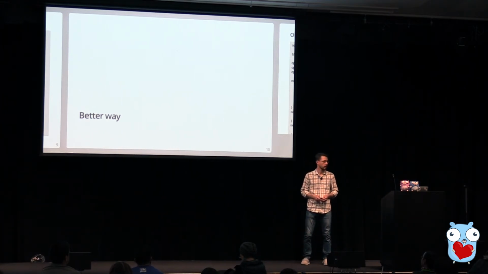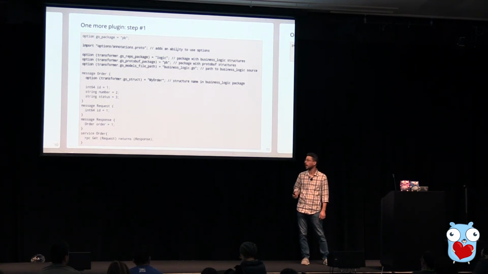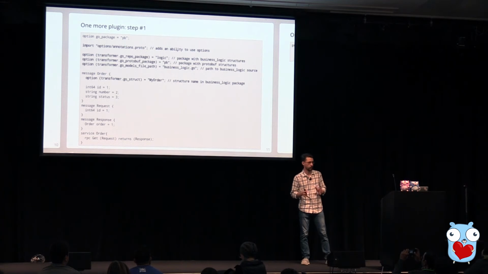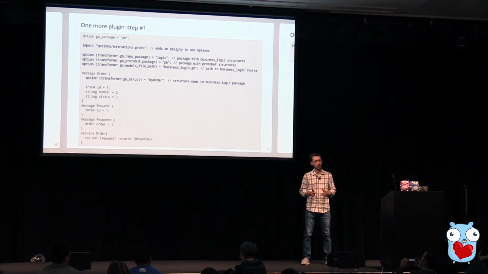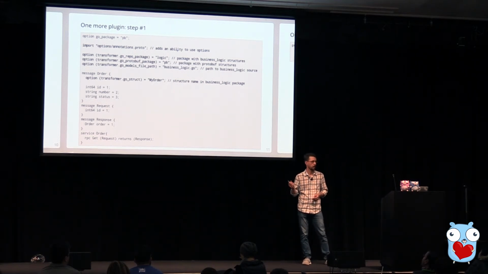We wrote a plugin which does this work for us. To use this plugin, we have to add a couple of options to our protobuf definition. The first one imports an additional file to be able to use these options. The next two options have names of packages for the protobuf package and the business logic package, and these names will be used inside the new code.